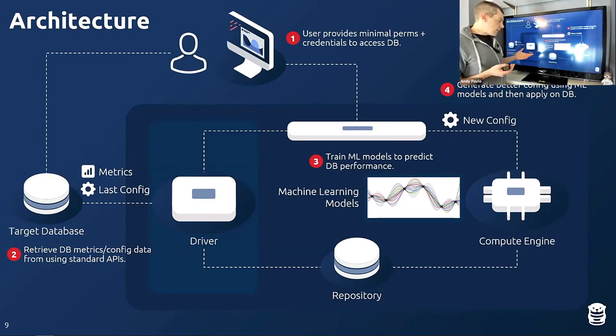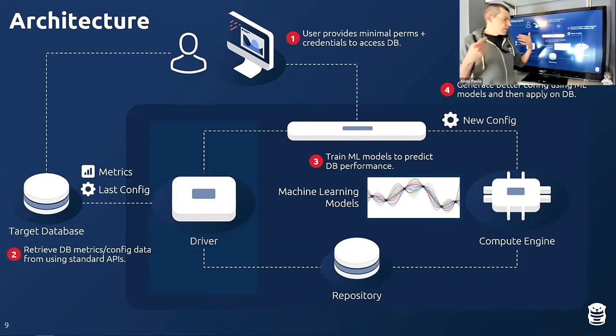The other important aspect about this is that this feedback loop is continuous, meaning that we apply configurations, and then we use them to bolster our models to help improve the accuracy of our choices for new configurations.